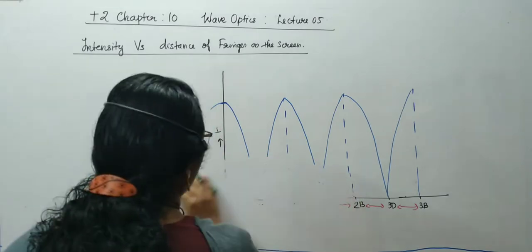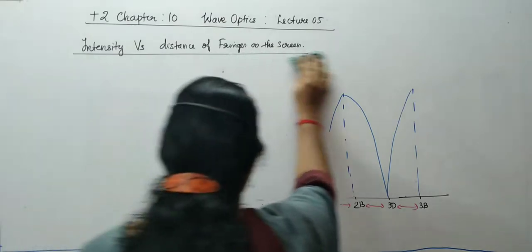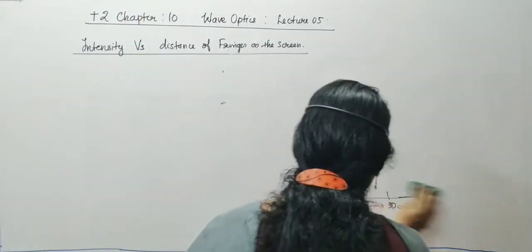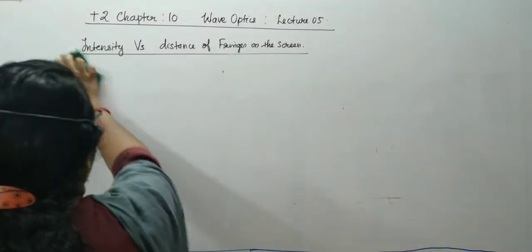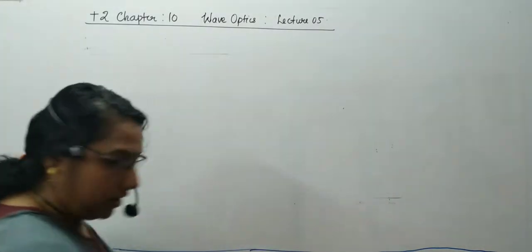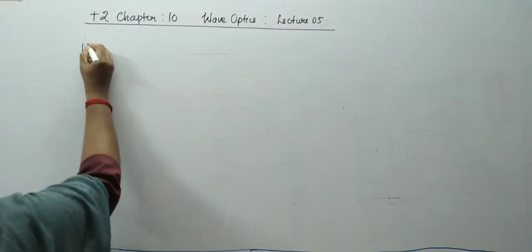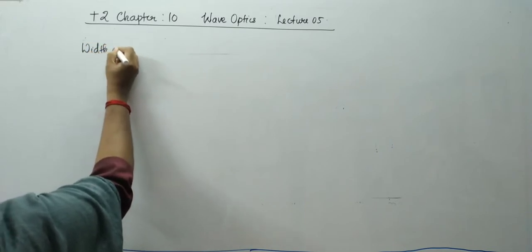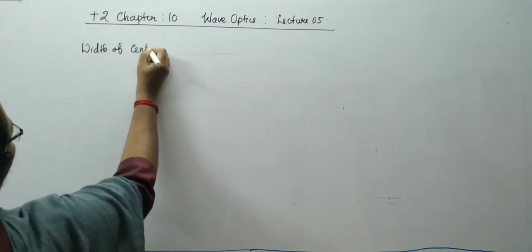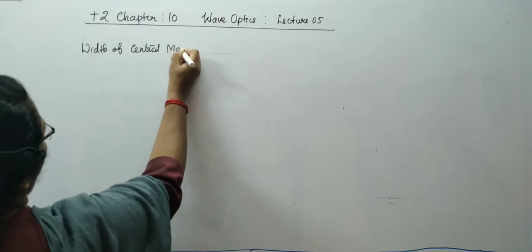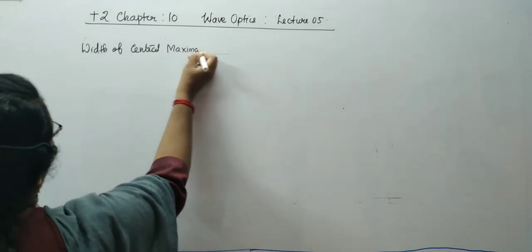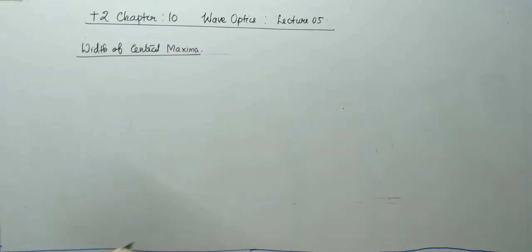Clear? So the intensity versus distance graph is now clear to us. Now we are going to take the width of the central maxima. We understood it is half lambda D by d plus half lambda D by d.